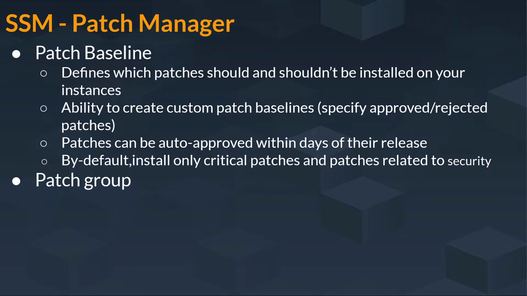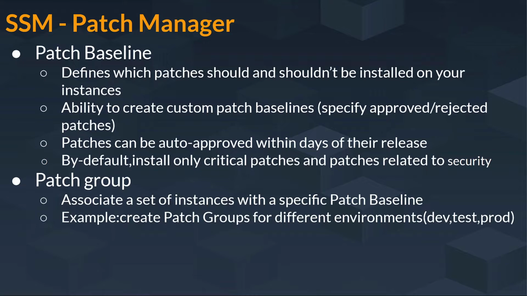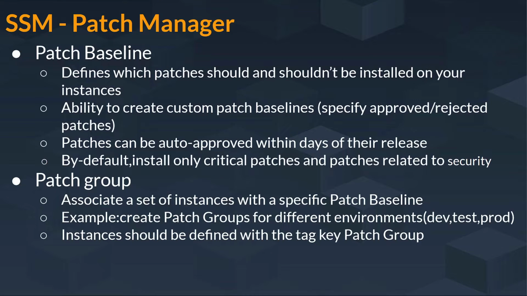And next is patch group. A patch group associates a set of instances with a specified patch baseline. For example, you can create patch groups for different environments like dev, test, and prod, and instances should be tagged with the key Patch Group.